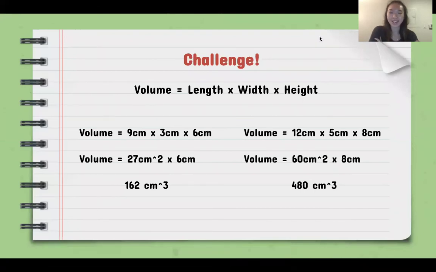So for finding the answer for the volume challenge questions, for the first challenge, I have volume equals 9 centimeters times 3 centimeters times 6 centimeters. So then I get volume equals 27 centimeters squared times 6 centimeters. And when I multiply 27 times 6, I get 162.